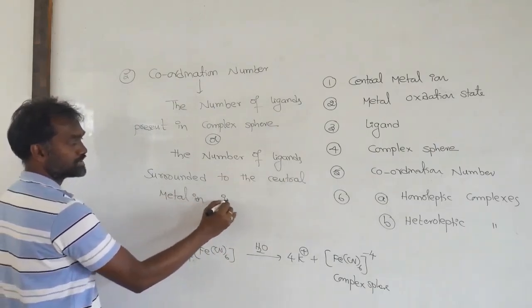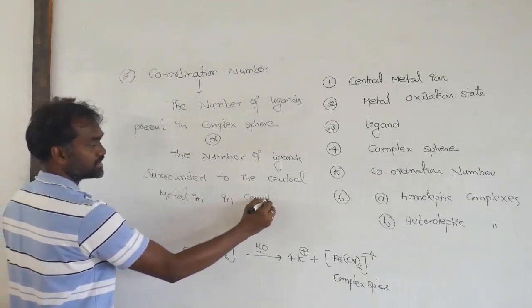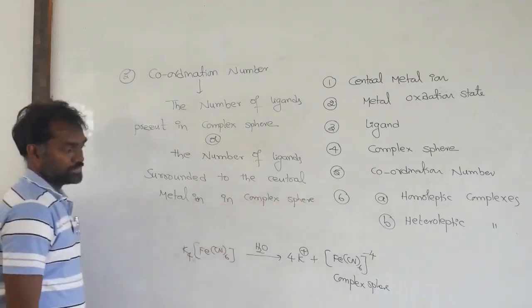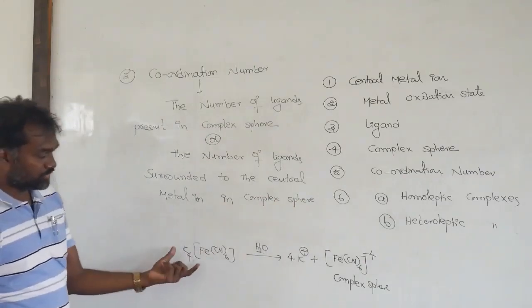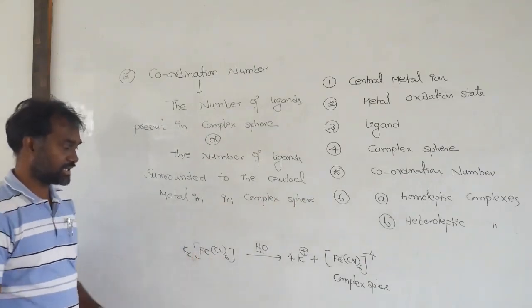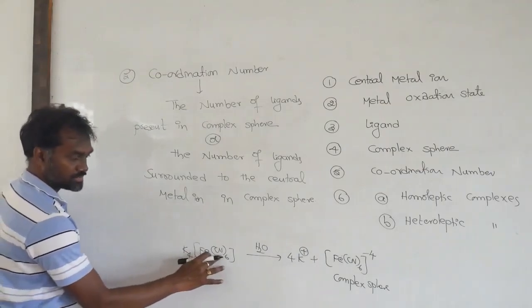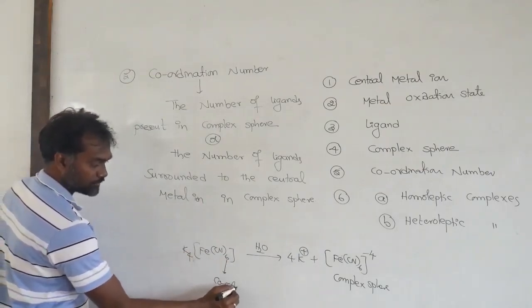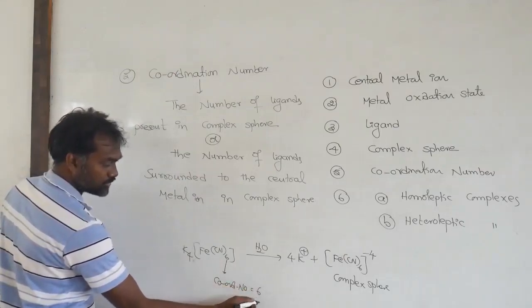So in the complex sphere, this is important. Suppose you take the same example, K4[Fe(CN)6]. Iron is surrounded by 6 cyanides, so the coordination number is equal to 6.